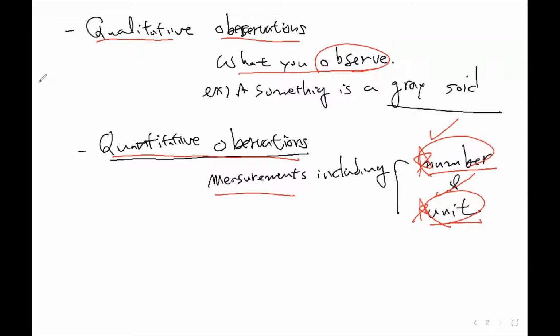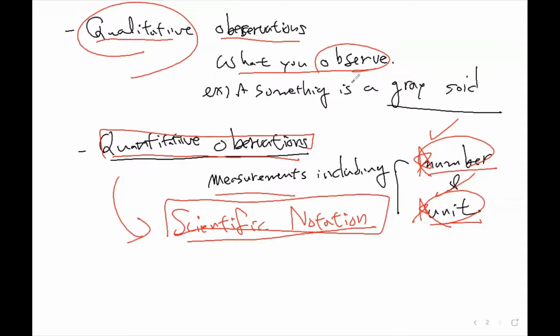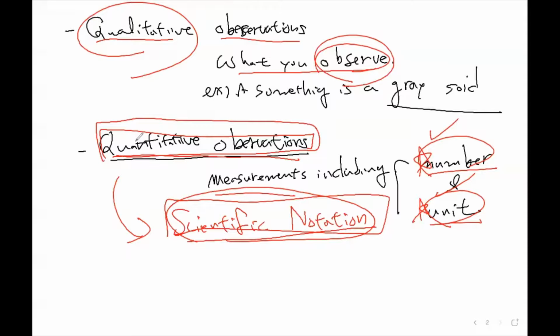So in order to do the quantitative observations, we need to know scientific notation. Scientific notation is mostly for quantitative observations.